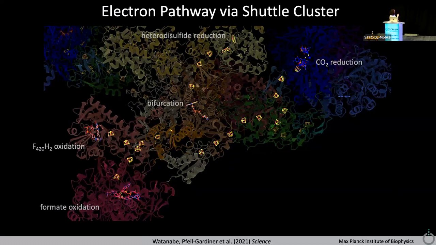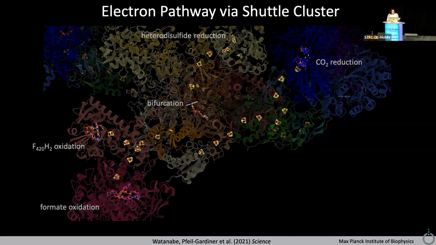But it turns out that there's an additional site here that's able to oxidize an organic cofactor called F420H2, which within the cell is then reduced by hydrogen. So this structure gave us a new understanding of how these organisms can actually use both hydrogen and formate, even if they only have this one particular complex.